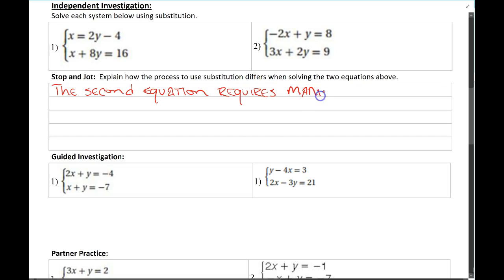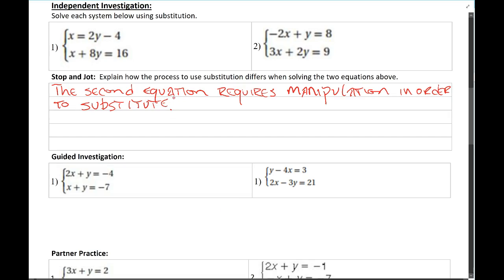Manipulation means changing, in order to solve, in order to substitute. We'll go with that. In order to substitute.